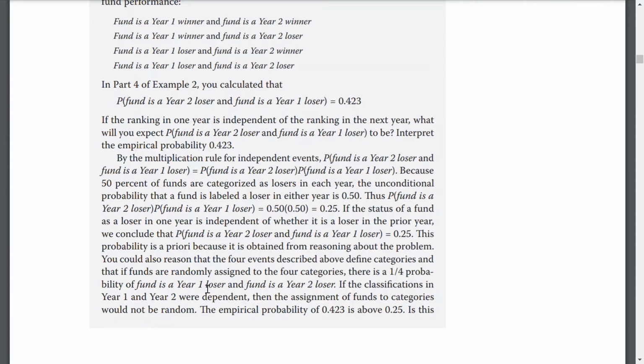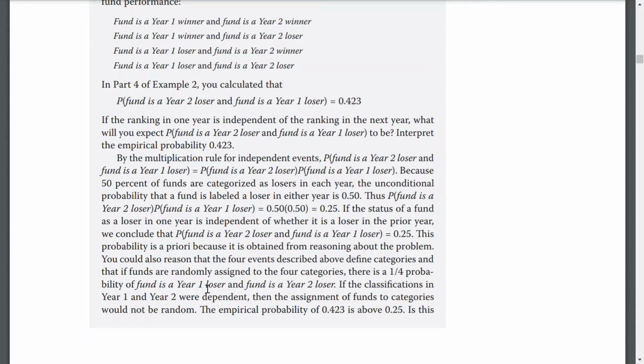If the ranking in one year is independent of the ranking in the next year, what do you expect that probability to be? Interpret the empirical probability of 0.423 by the multiplication rule for independent events.